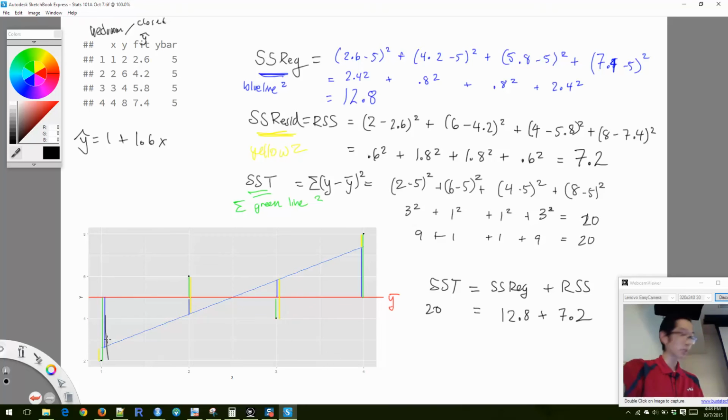The part according to the regression and the part that's still left over. And sometimes our regression takes us in the opposite direction, but that's okay.